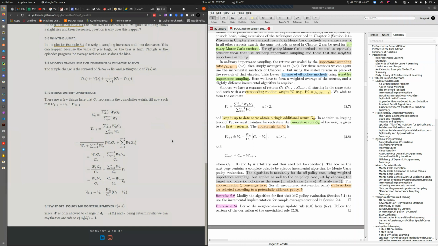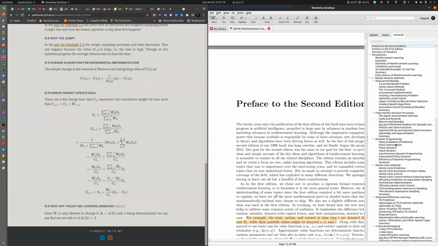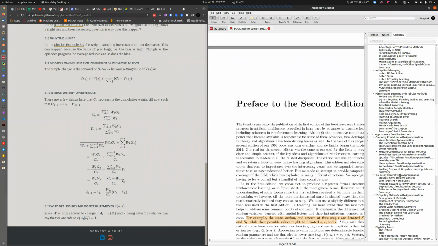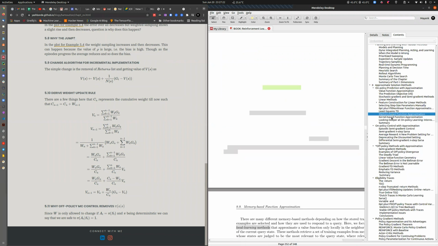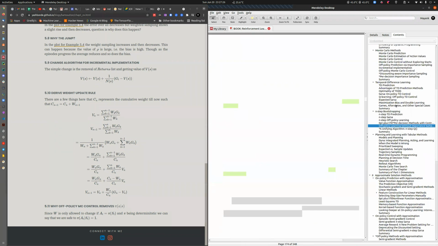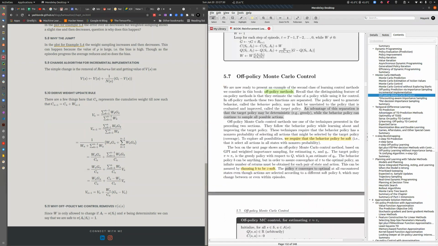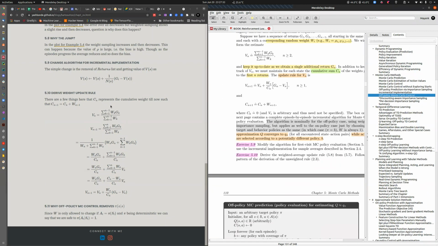If you can see, that is the derivation I was referring to, and equation 5.10. Let me get back to 5.10. Yes, that's the derivation.